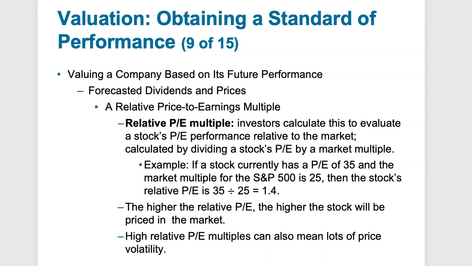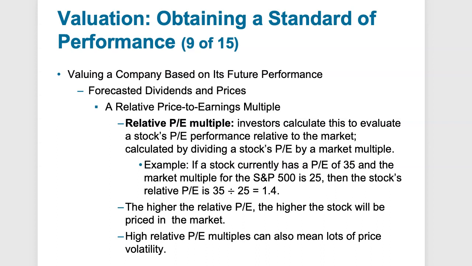Now, let's look at the price to earnings multiple a little bit more closely. So we could actually develop something that's called a relative PE multiple. This is how we evaluate a stock's PE performance relative to the market. What we're going to do is divide a stock's PE by the market multiple.